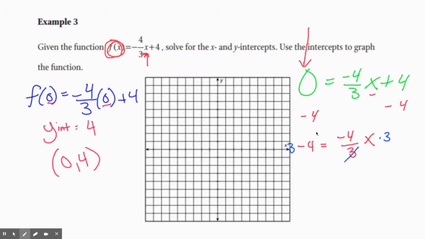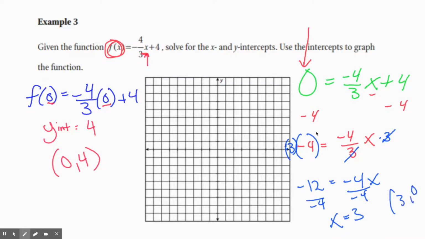What this will do is eliminate the 3 in the denominator on the right-hand side. And then I'm going to have 3 times negative 4, which is negative 12, is equal to negative 4x. And now I'm going to divide by negative 4, and I'm going to get positive 3. And that is my x-intercept at 3, 0.